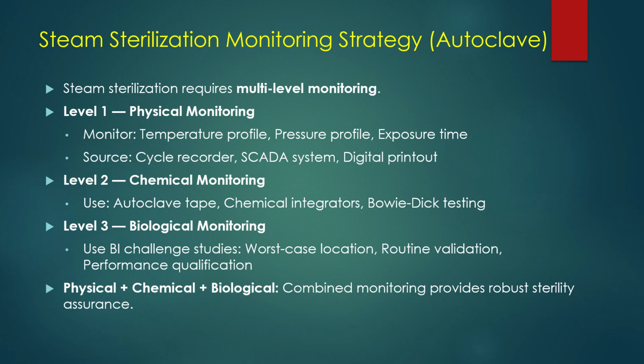Chemical monitoring uses autoclave tape, chemical integrators, and Bowie-Dick tests to verify exposure and steam penetration. Biological monitoring includes BI challenge studies at the worst case location during routine validation and performance qualification. The combined use of physical, chemical, and biological indicators provides robust sterility assurance.